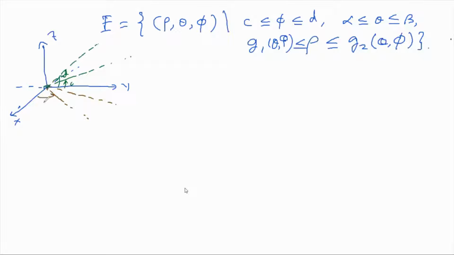This is theta equals alpha and this is theta equals beta. And now rho is between two functions of theta and phi. So basically if you draw this, you have to draw each of these lines for phi along this theta value. So it will be like this.